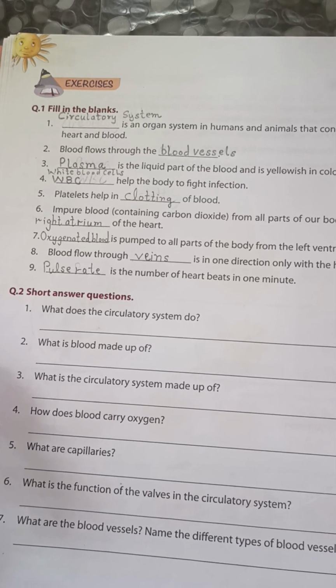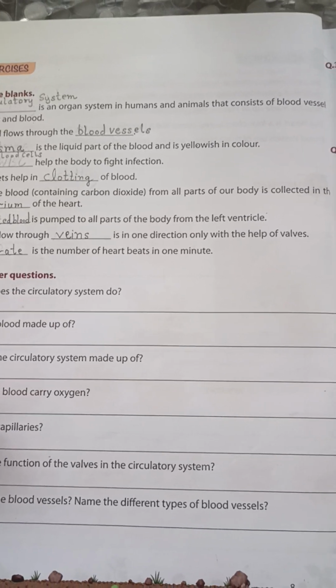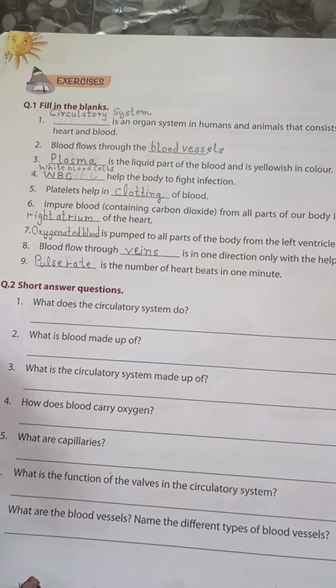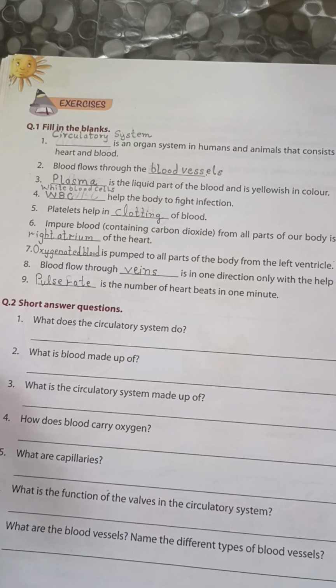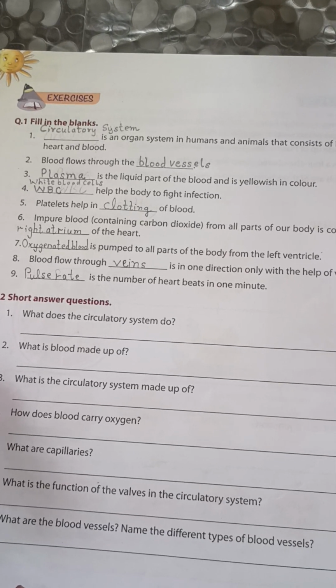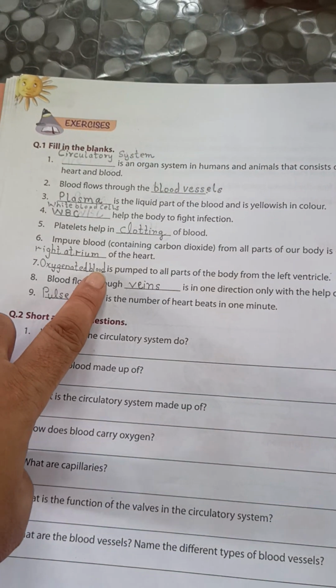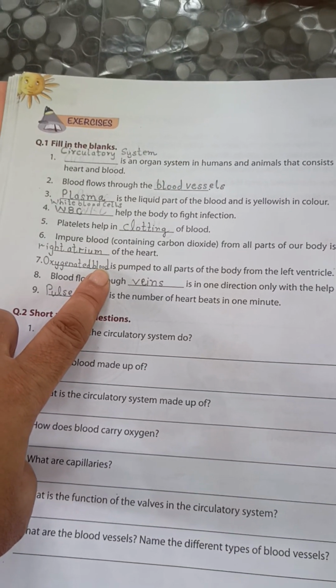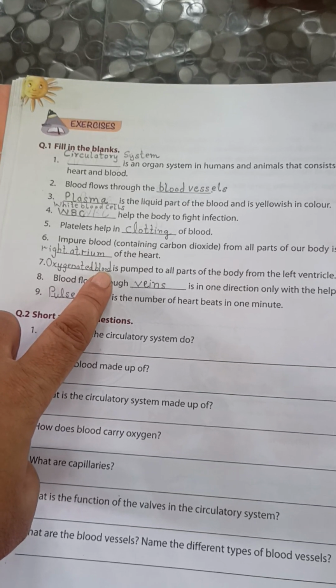Number 6, impure blood from all parts of our body is collected in the right atrium of the heart. Number 7, oxygenated blood is pumped to all parts of the body from the left ventricle. Oxygenated blood is the oxygen rich blood. Okay, it's not the impure blood, it's oxygen rich blood.